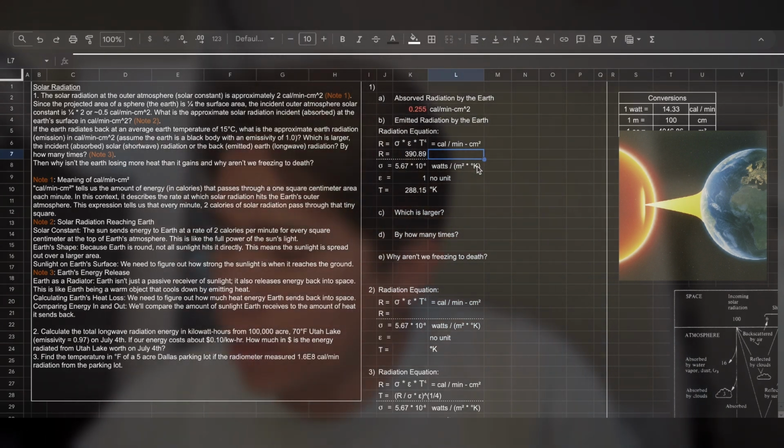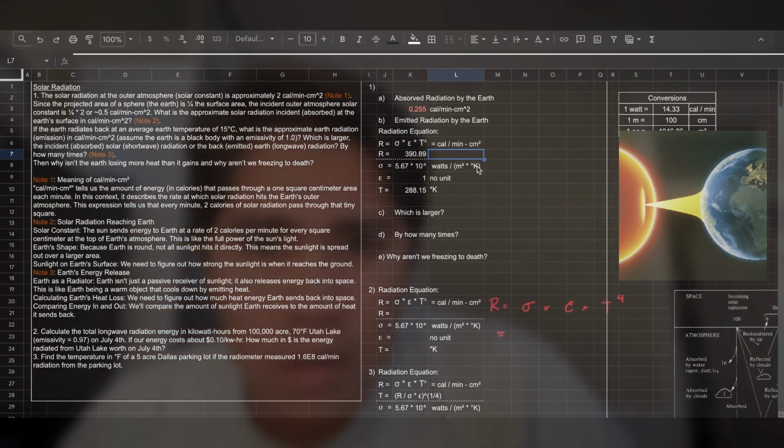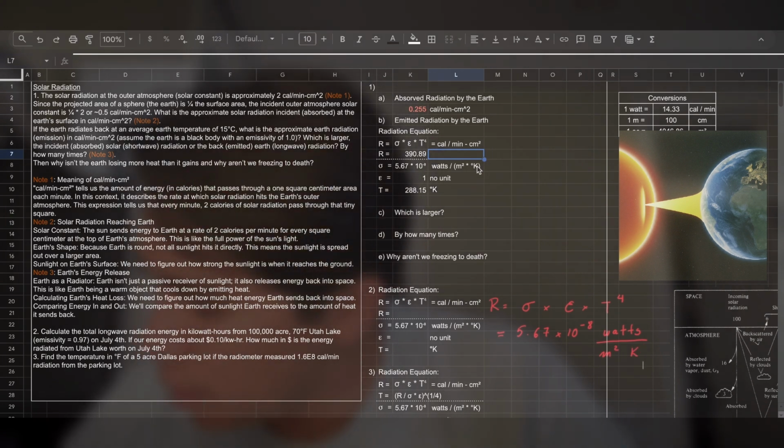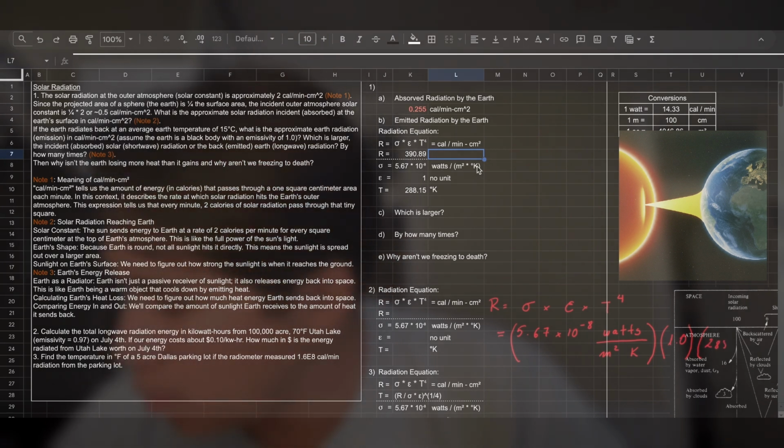So if we do that here, so we can all understand, radiation equals sigma times T to the fourth. Sigma is 5.67 times 10 to the negative 8 watts per square meter Kelvin to the fourth, times the temperature, 288.15 degrees Kelvin, to the fourth.